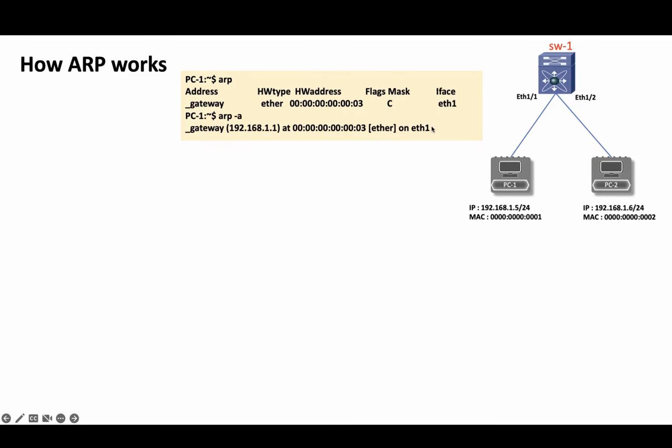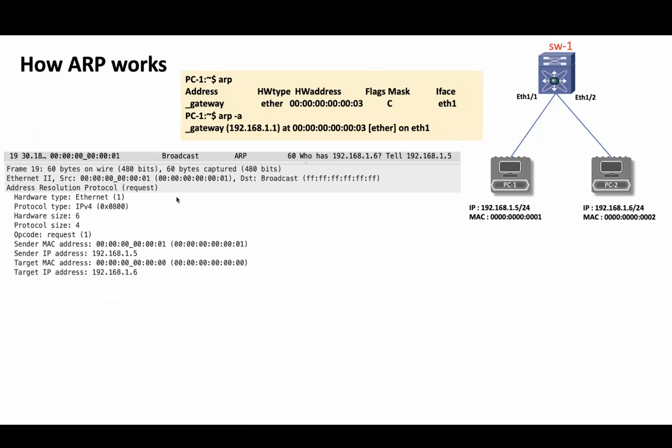As the MAC address is unknown, PC1 will send an ARP request as a broadcast. Means the ARP request will be received by all the nodes in a LAN segment, except the sender.